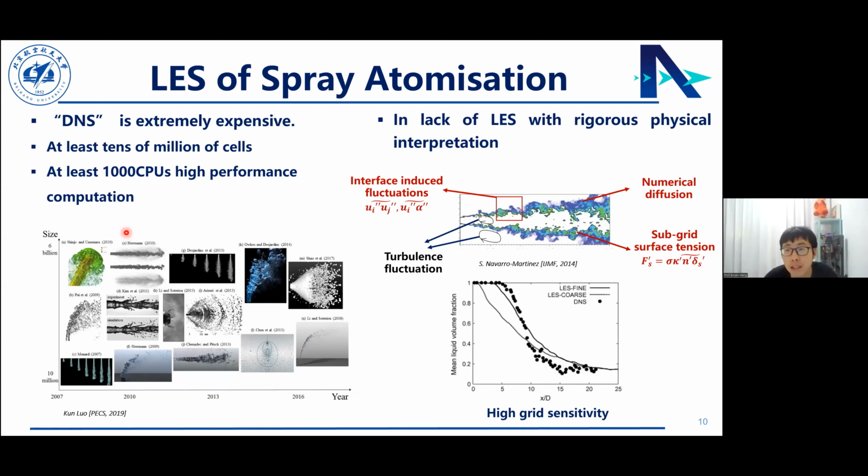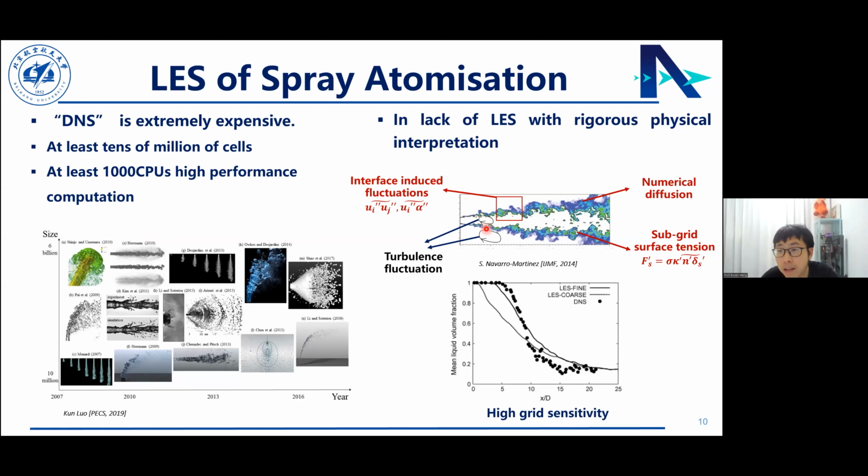What does the rigorous physical interpretation mean? This is a jet. This is a jet. In single phase flow, we know this is turbulence fluctuation. But when we have an interface, that means we have interface induced fluctuations, which were not cared about a lot previously.